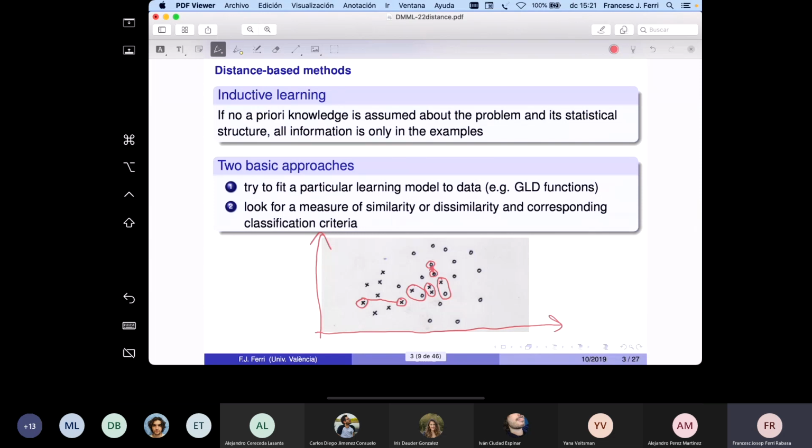So if I know what's the input for examples of a given class, I can compare any possible input to the examples I have in my system, and then I can assign classes according to what I have in the memory. So this is going to be more or less the idea on this family of classifiers. But first of all, let's think about what in fact this distance means.